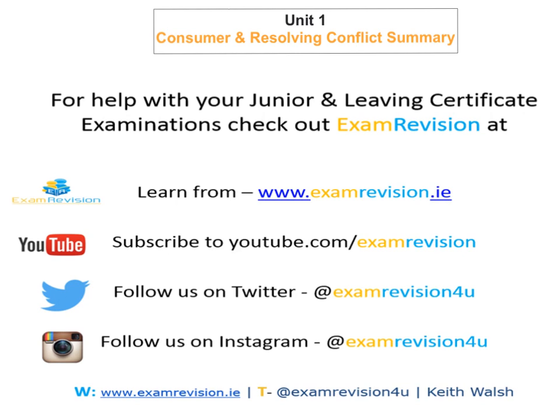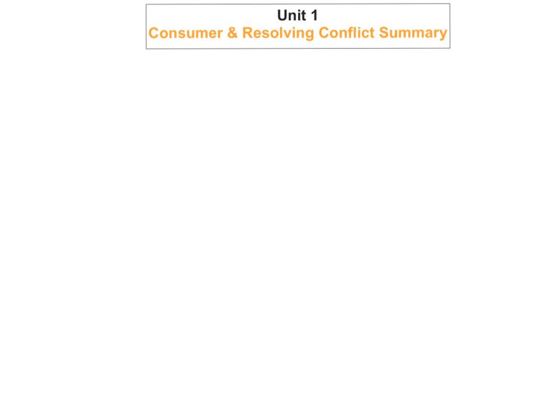In today's lesson we're going to look at resolving consumer and retailer conflict by using legislative methods and non-legislative methods. Okay, so the first thing you need to know, there's two ways to solve disputes.